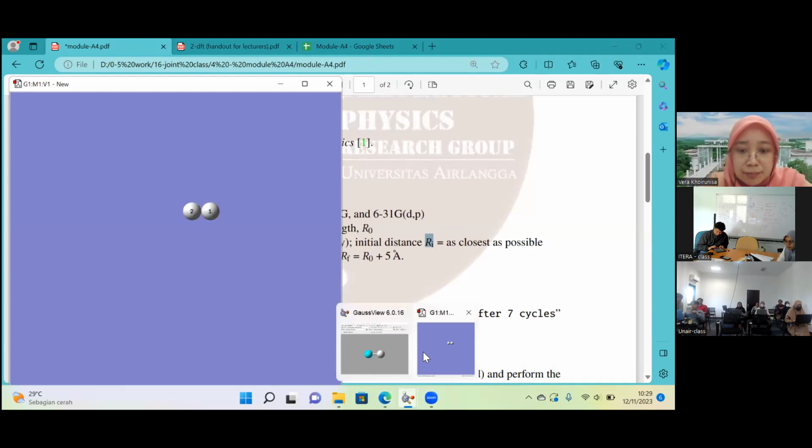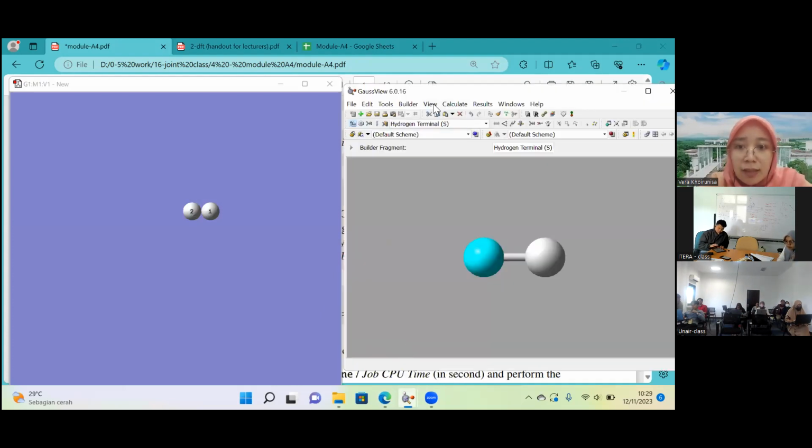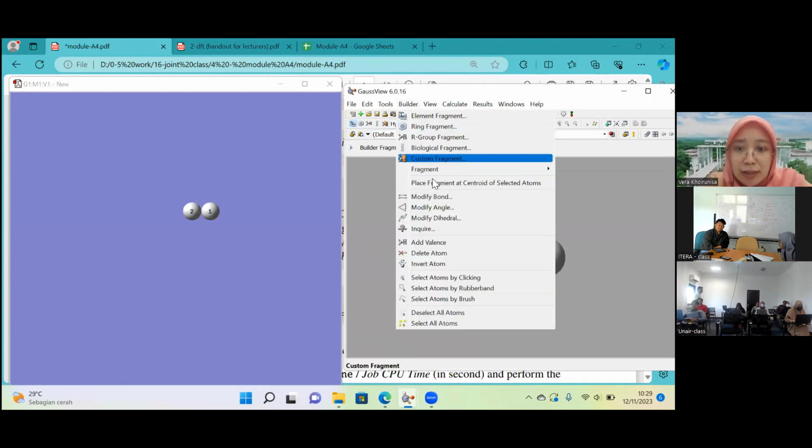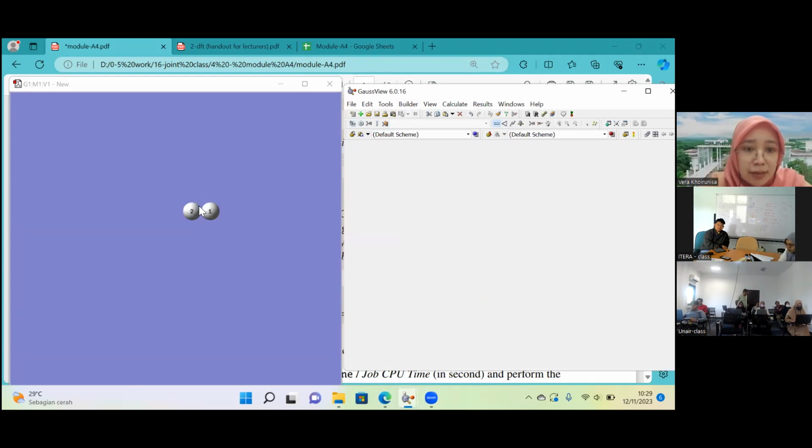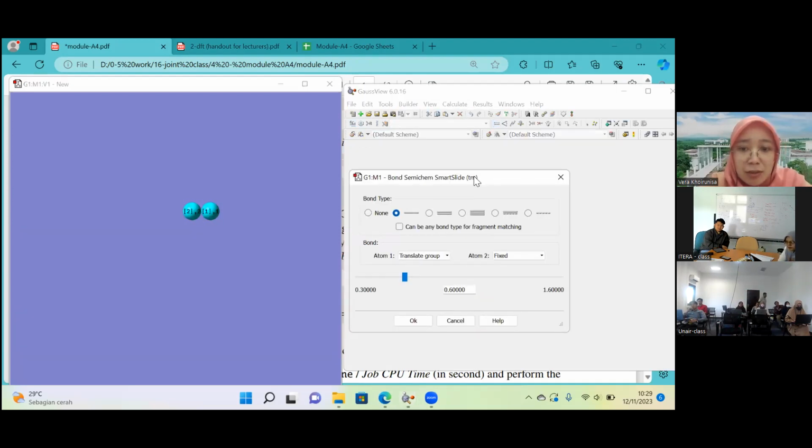So you can use the builder and modify bond. So builder and modify bond. And click the first and the second H atom.